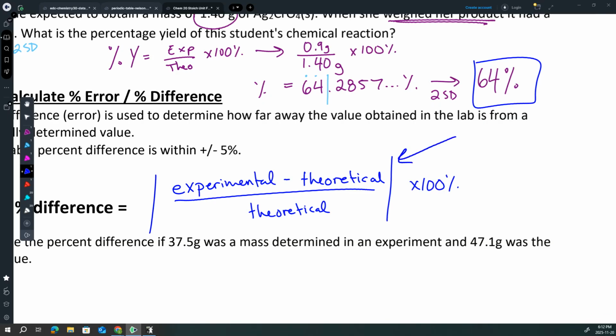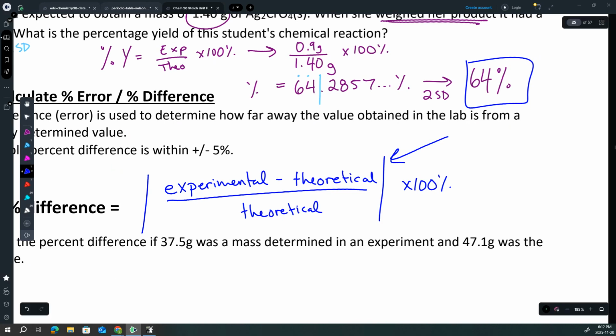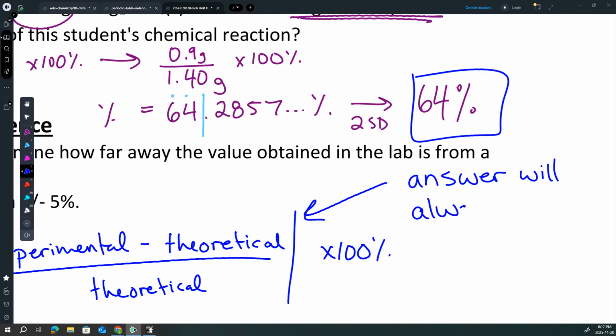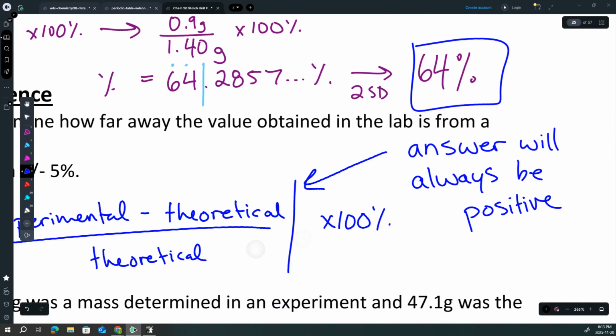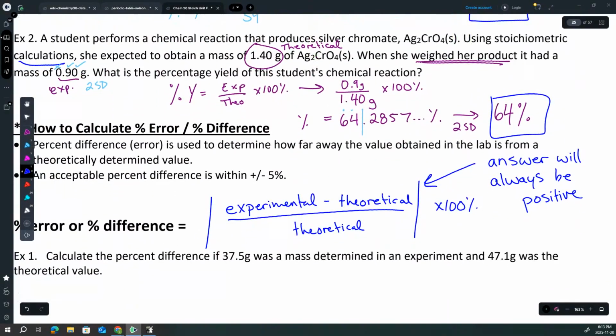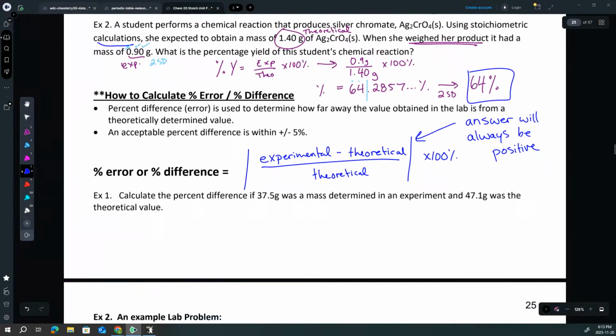If you're looking at these absolute value signs and wondering what on earth they do, for chemistry 20 purposes, all you need to know is that your answer is always going to be positive. That's what they do. If you go into math 20-1, they'll get into the nitty-gritty of that and how that happens.